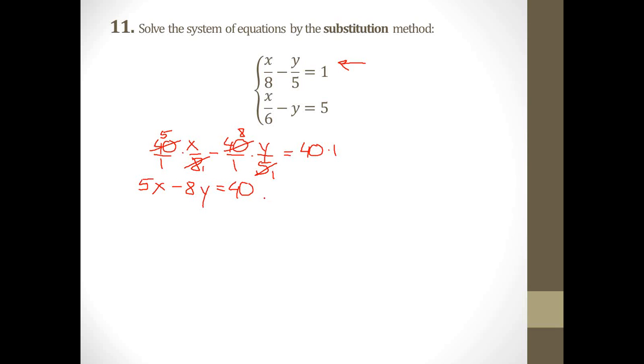And let's do the very same thing with the second equation. In this case it should be easier to find the least common denominator because there's only one fraction. So what is it? Thank you, Deborah. 6. Very good. So let's do the same thing and multiply the system by 6. I showed you in the first equation how to use the steps, so here I'm going to do it quicker.